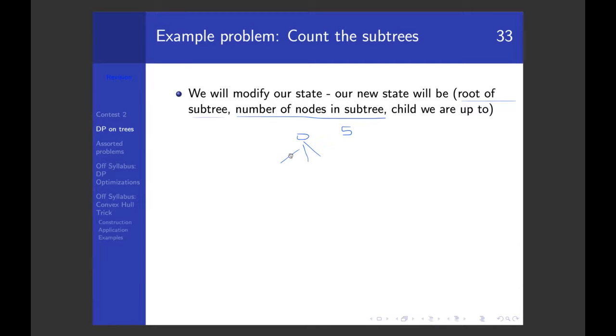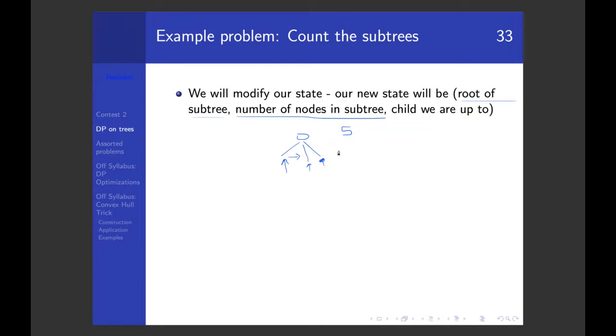We have 3 states. We have dp 5 first child. In that case, we try giving some number of nodes to this, and then from there we recurse into dp of this node 5 second child, this node 5 third child.